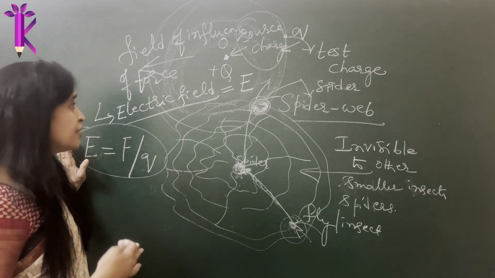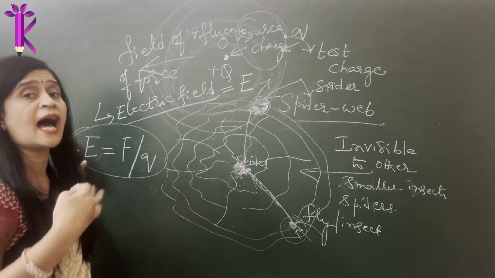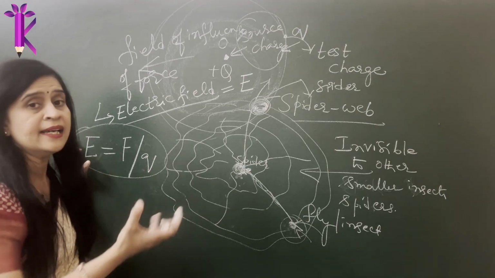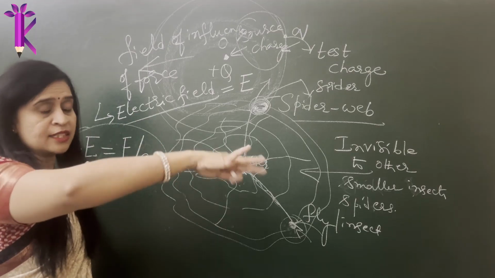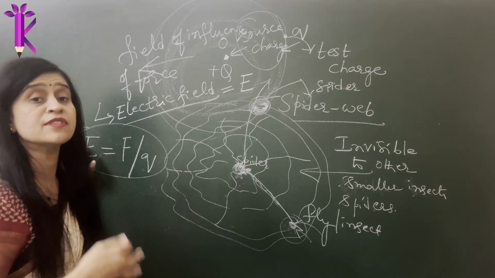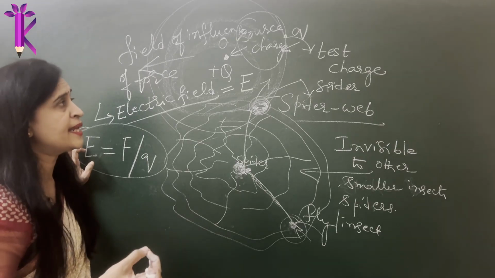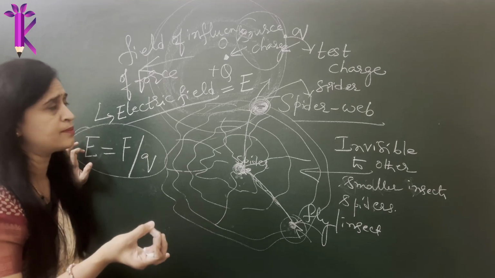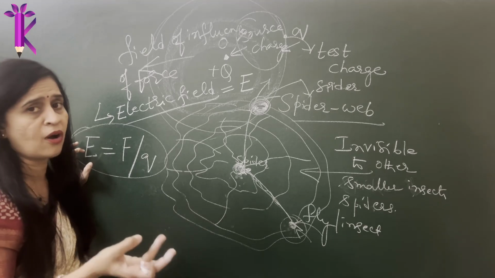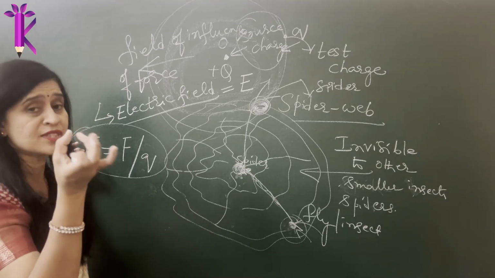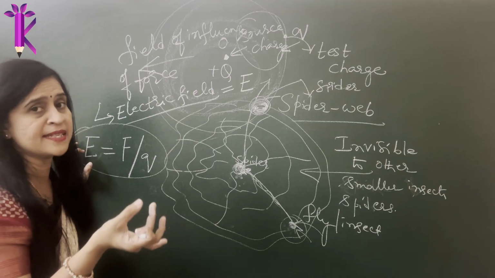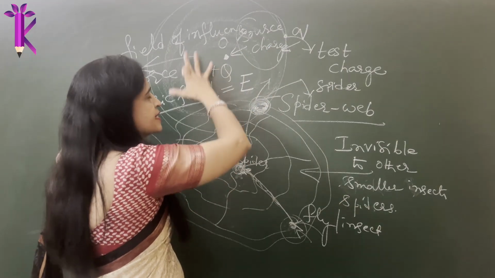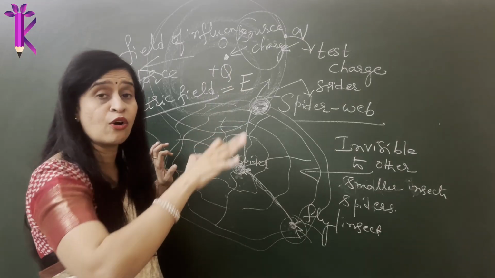Now, if it experiences a larger force of repulsion or attraction, we know that the force the source has created around itself is stronger. Or if it experiences a very minimum motion, moves slightly from its position, this test charge, then we know that it has created a very small area of influence.